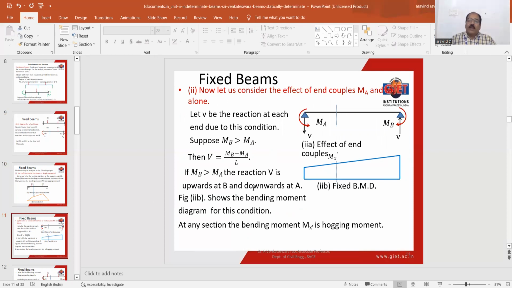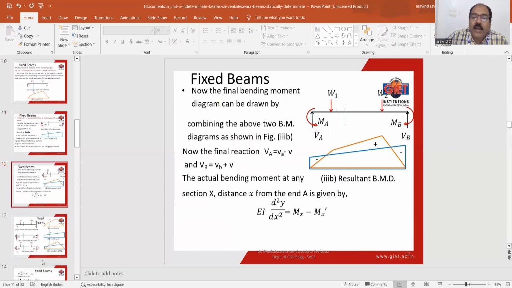For this loaded beam also, we have to draw the bending moment diagram. This is known as the fixed end moment bending moment diagram. By combining the stage 1 and stage 2 diagrams, we can draw the final bending moment diagram when a fixed beam is subjected to external loads W1 and W2 as shown in the figure.